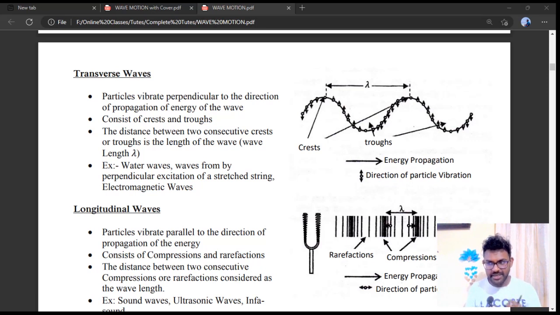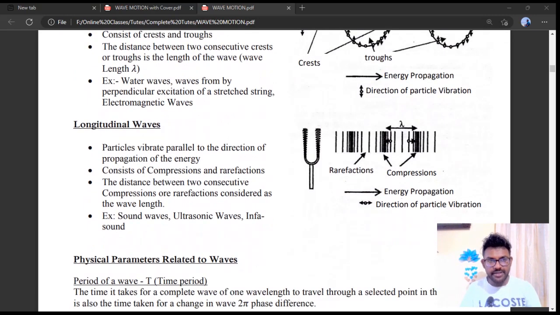Even though we classify mechanical waves into transverse and longitudinal, we can put electromagnetic waves into this classification too, because an electromagnetic wave has both troughs and crests, or peaks and valleys, for both the electric field and the magnetic field. Okay, remember that.